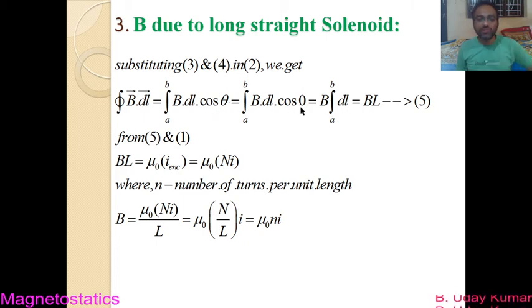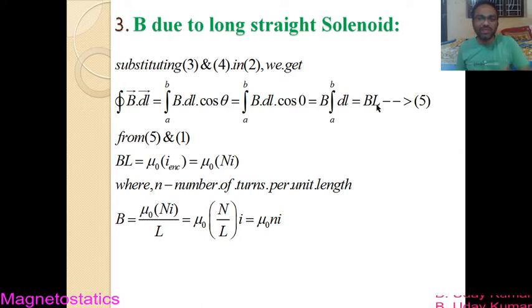B will be constant, so take it out. It becomes B times the integral A to B dl. You know that the length of the rectangle is capital L, and hence the integral from A to B dl, I can write as capital L.